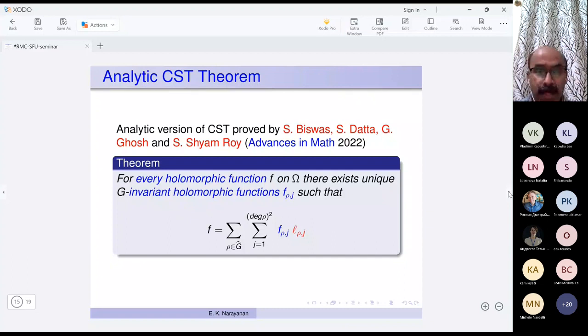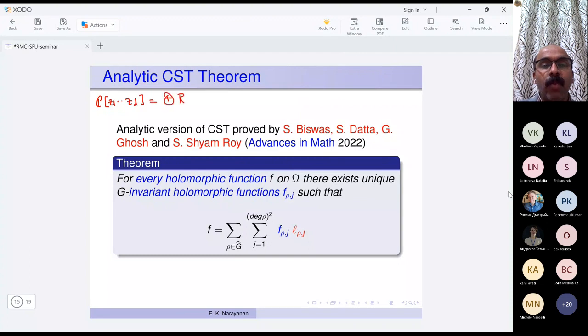So let me continue with the analytic version of the Chevalley-Shephard-Todd theorem. Remember that from the Chevalley-Shephard-Todd theorem and representation theory, we were able to write the polynomial ring as a direct sum, right?